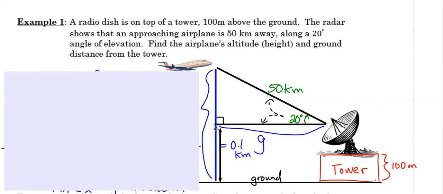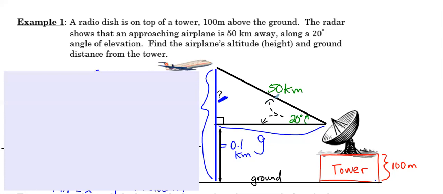Now, if I have to find this entire blue line, this will be part of that distance. So if I can find the measurement that's right in here, then I can take this number, whatever that turns out to be, and add it to the 0.1, and then I'll get my overall height from the ground. Okay. So the question is, how do you get this number?